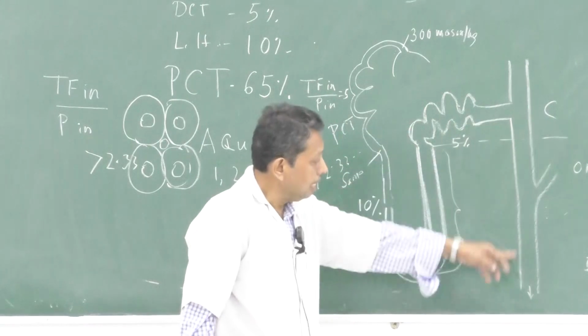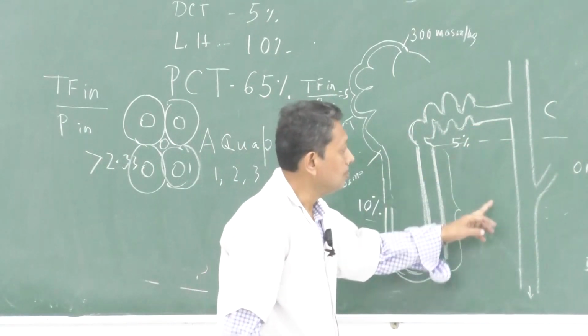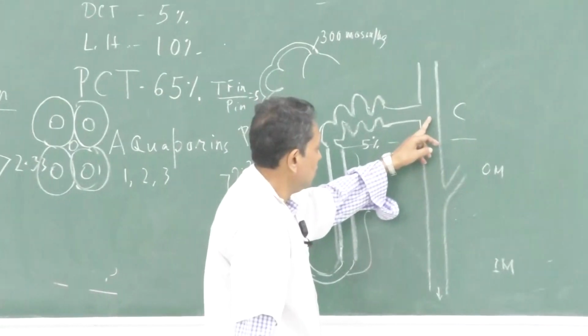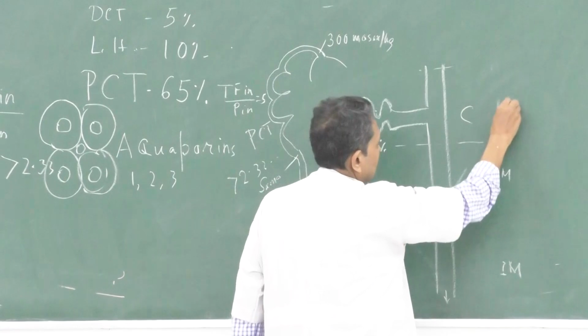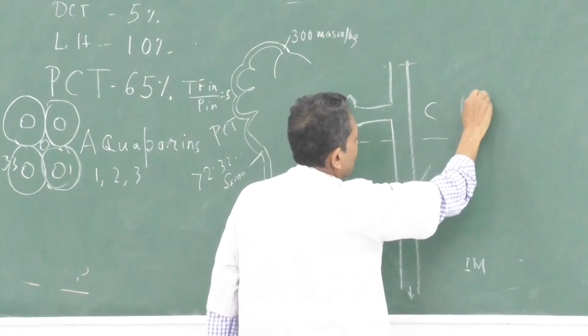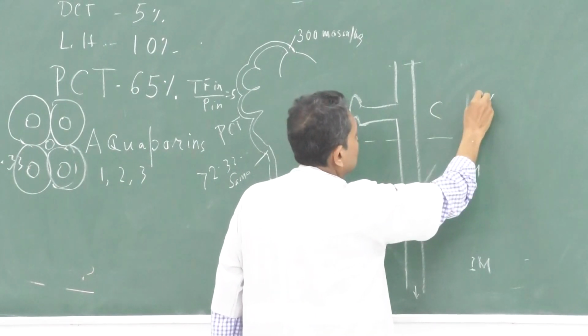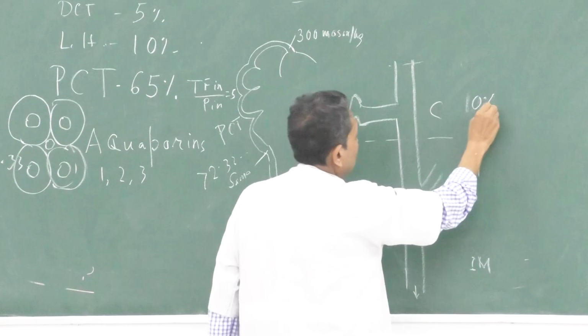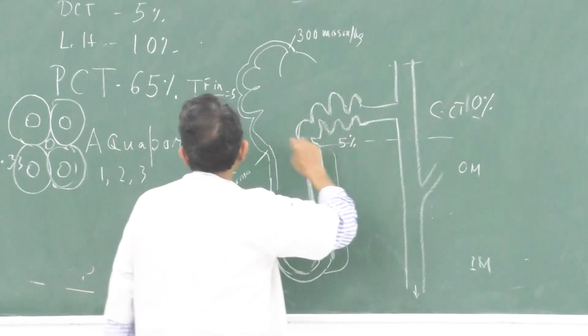Now this fluid is passing through, and normally in the cortical collecting tubule, 10% is reabsorbed. Cortical collecting tubule.